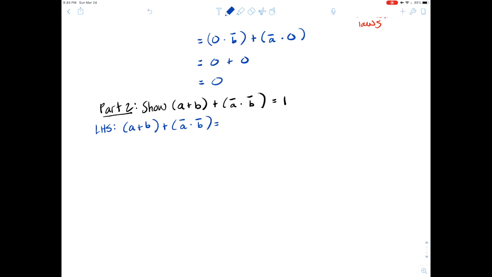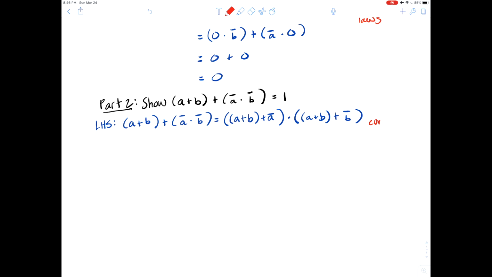It's already set up for it because we'll have all pluses in each set of parentheses with an and or a dot in between. So I'm going to go ahead and do it right away. So we'll have A or B, or not A, and A or B, or not B.